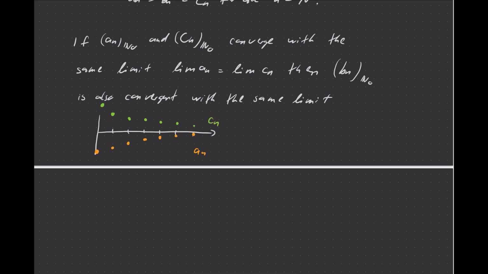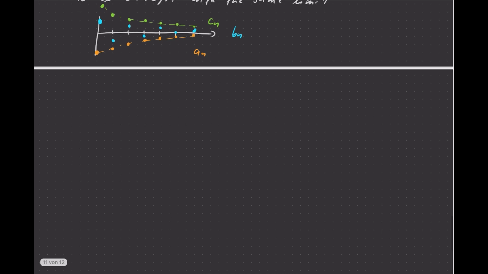And then the bn sequence is somewhere in between. And the idea is that this has to close in on 0 as well. So this is the sandwich behavior here, so that sequence bn is sandwiched between c and a. We'll make use of that theorem later on in another video.